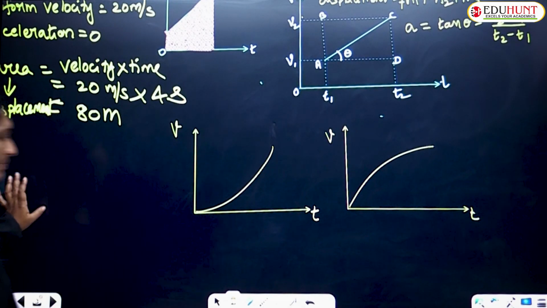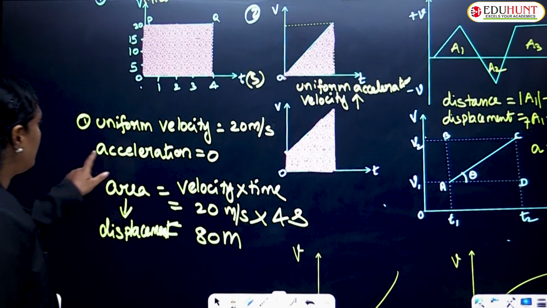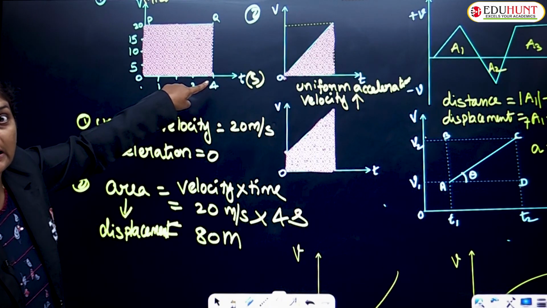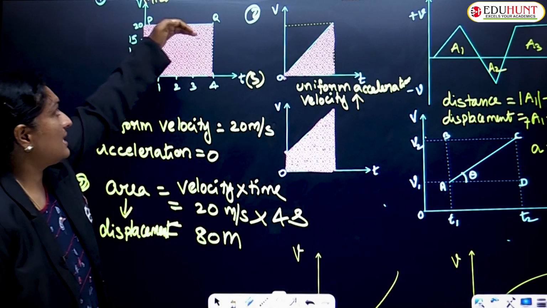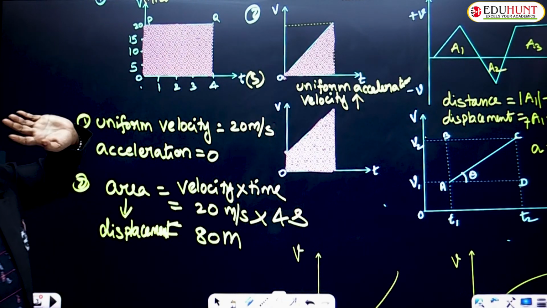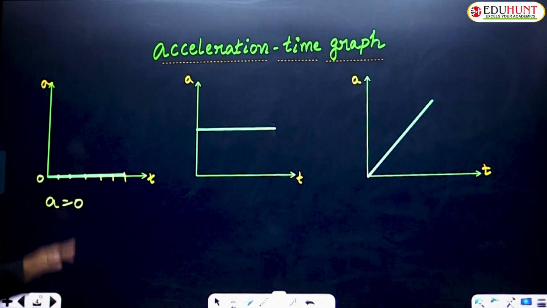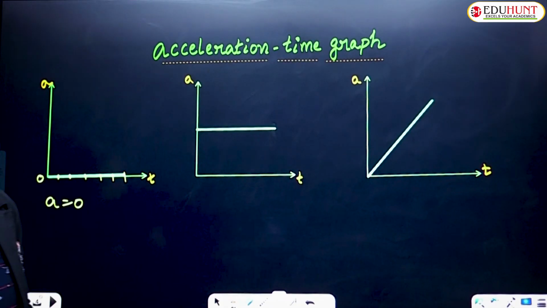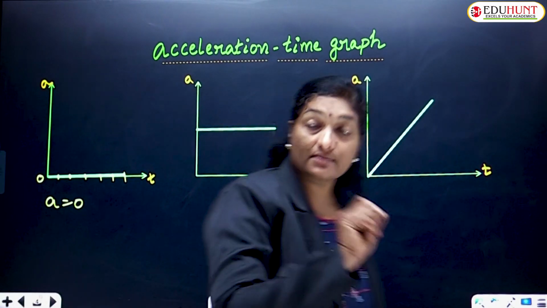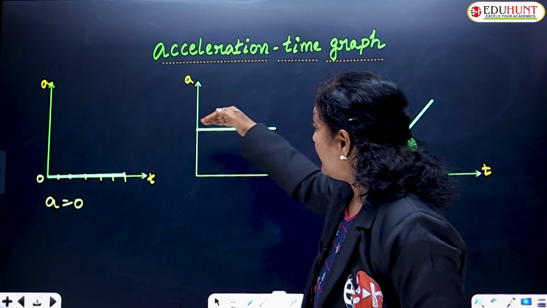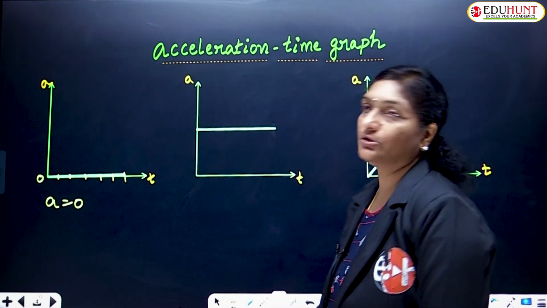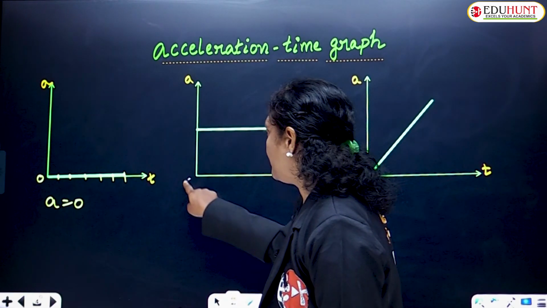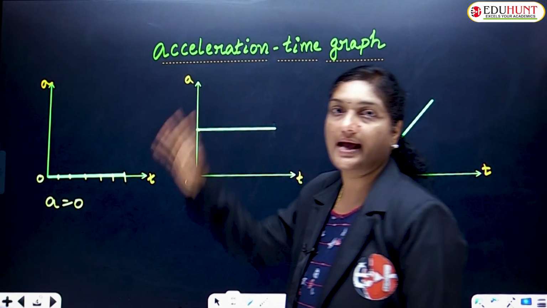In the previous example, when was acceleration 0? That was an example of a velocity time graph. When the velocity time graph is parallel to the time axis, acceleration is 0. In this case, the acceleration time graph coincides with the time axis, acceleration is 0. Next, one more example: acceleration time graph parallel to the time axis. That means if this happens to be 0, here we have a certain acceleration.